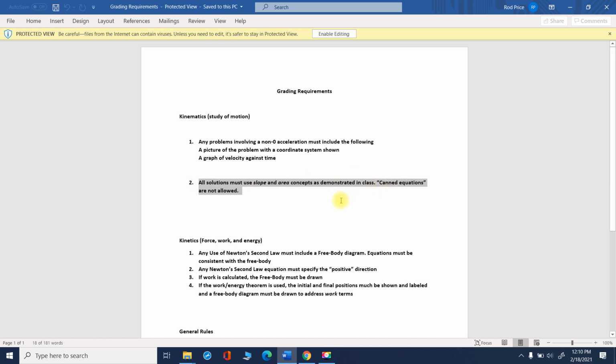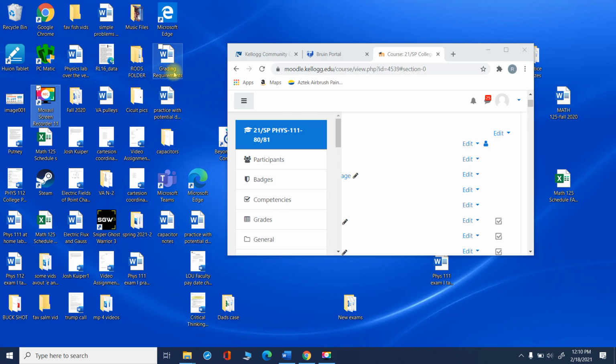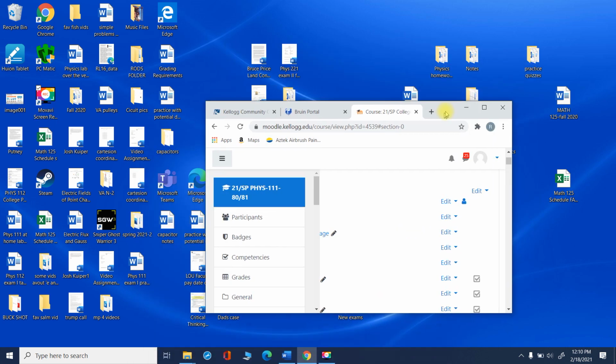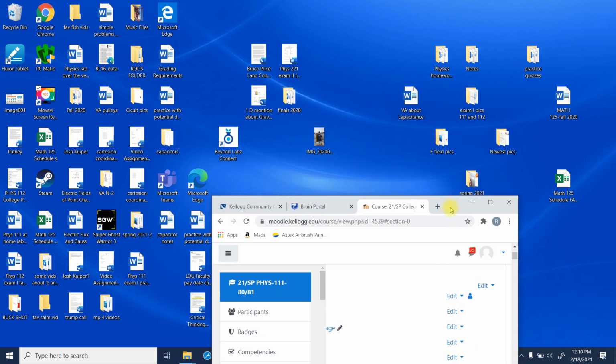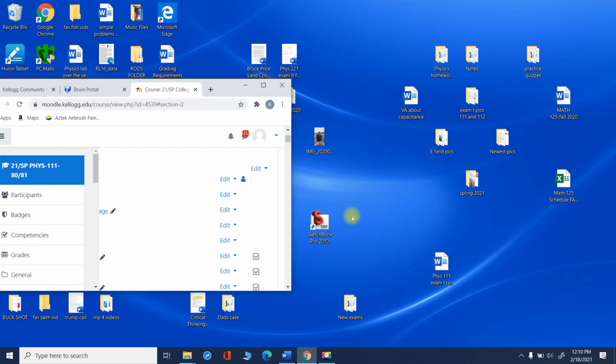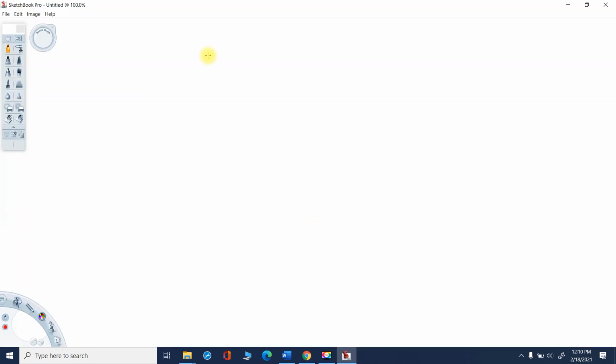So canned equations, like at the back of the book, for example. I don't know if this will let me write on this, so let me pull a different program up. Moment here. I'm looking for my beloved sketchbook. So canned equations, when you look in the back of the book, you're going to see equations that look like this.